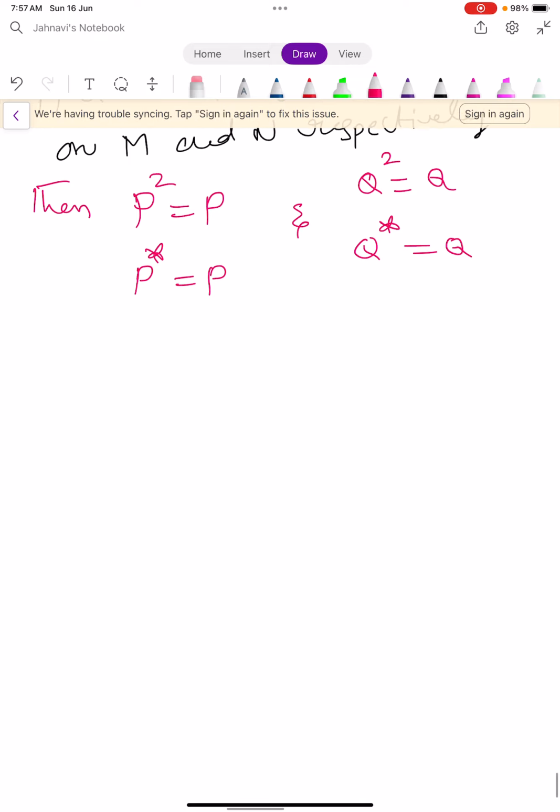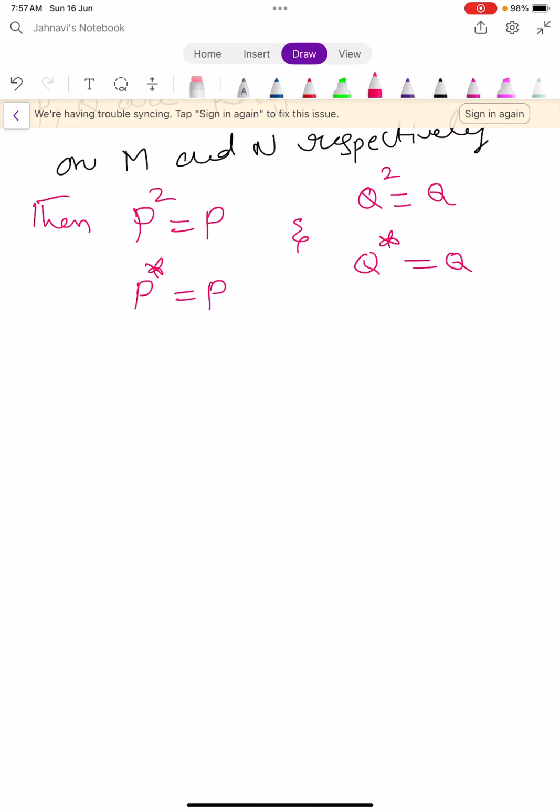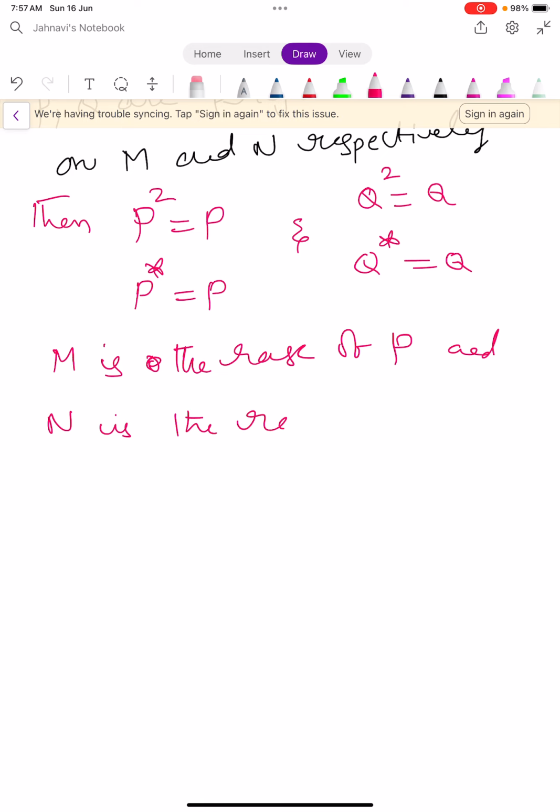And remember that M is the range of P, and N is the range of Q. This is an important point to solve our problem.